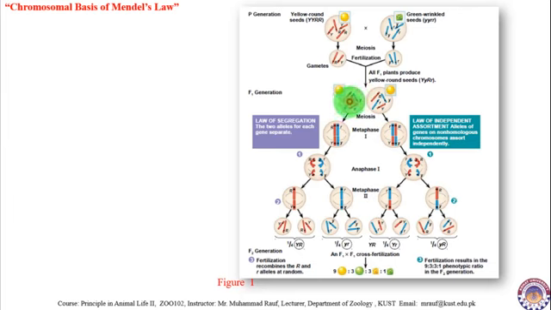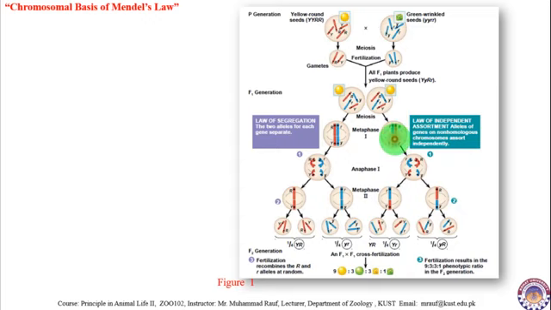Now the F1 hybrids will also undergo gametogenesis where gametes will be produced, and here you can see that some of the gametes are carrying the dominant copy for seed shape and the recessive copy for seed color, and the other gamete is carrying one copy recessive here, the other copy dominant.